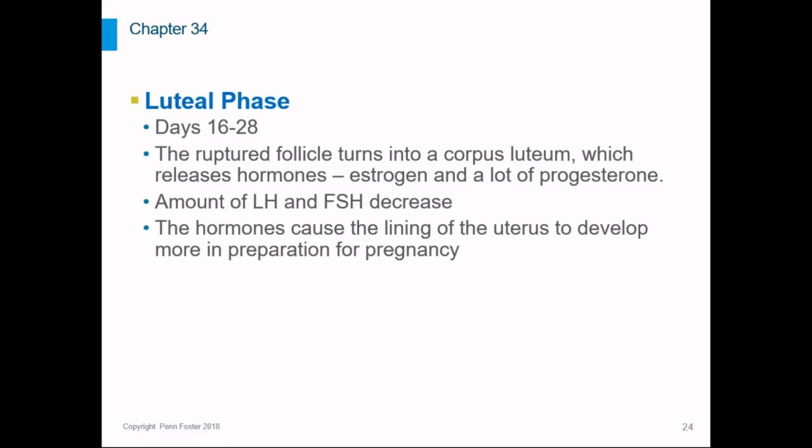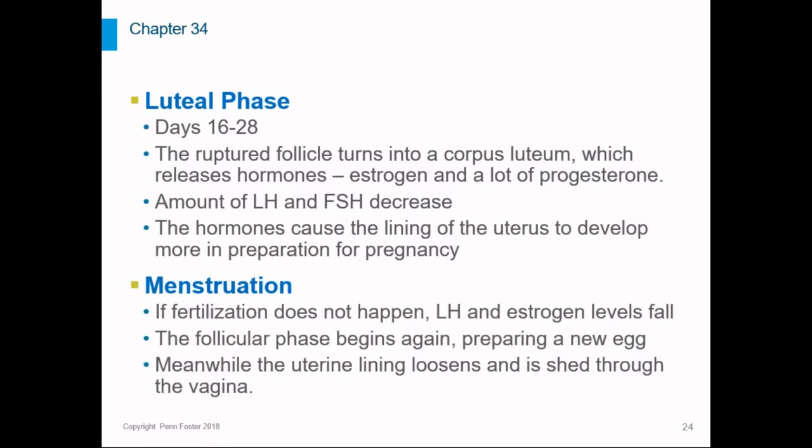It releases estrogen and a lot of progesterone. They're both female sex hormones. The amount of LH and FSH decrease, the amount of estrogen and progesterone increase, and the hormones cause the lining of the uterus to develop more in preparation for pregnancy.